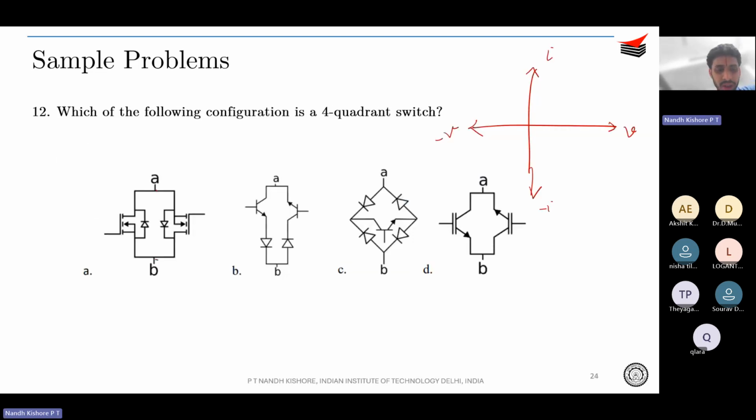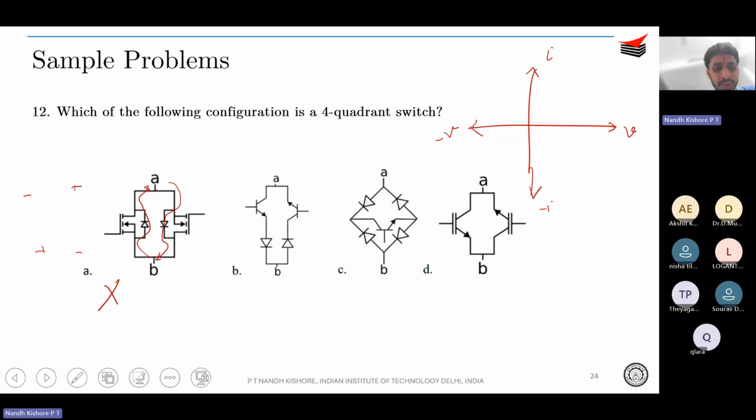No, it cannot block reverse voltage, right? If you apply positive voltage from A to B, this diode will start conducting. And if you apply negative voltage from B to A, this diode will start conducting. So obviously, this is not the answer. It's not a 4-quadrant device.